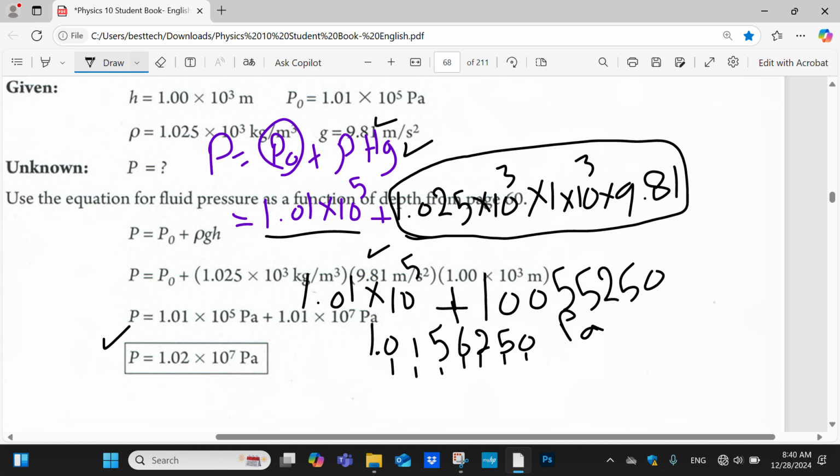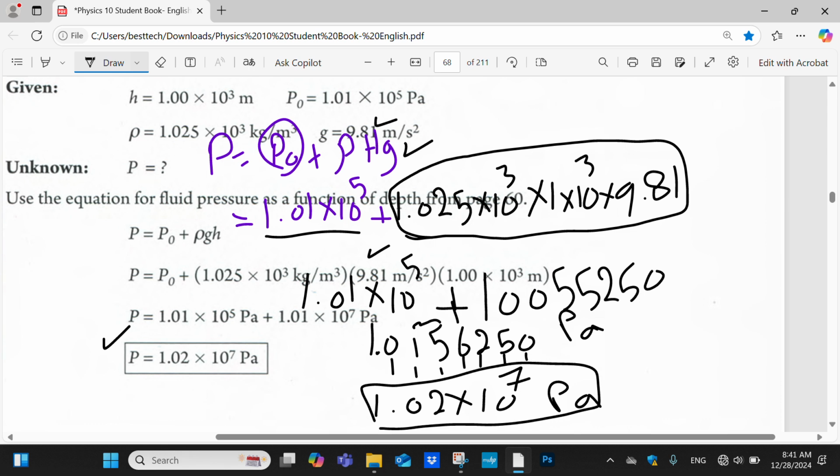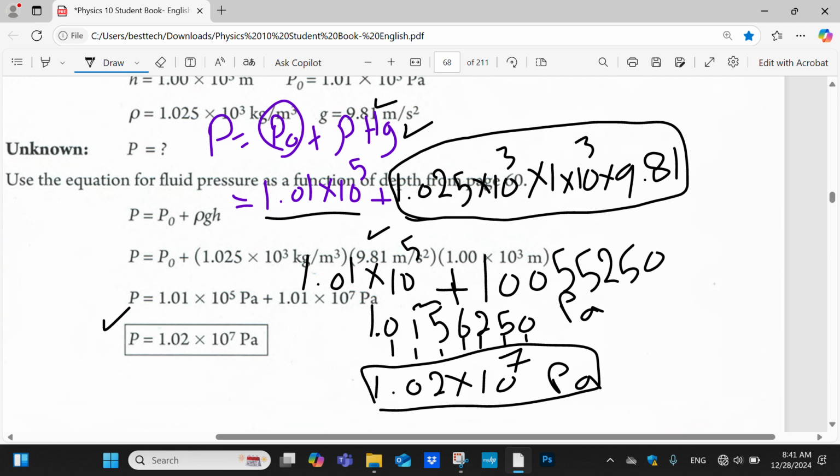So we can make it power 7. And the 5, as in rounding numbers you studied, gives to the number before it, so it becomes 2. And times 10 power 7 Pascal. So in the book, you have to make it scientific and rounded, close. So don't worry about the answer of the book. The answer of the calculator is still right.